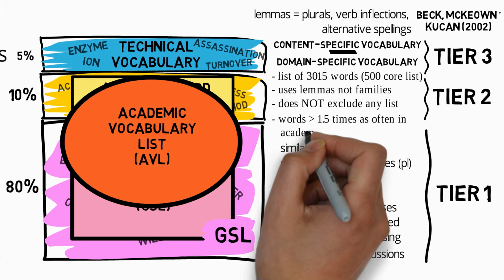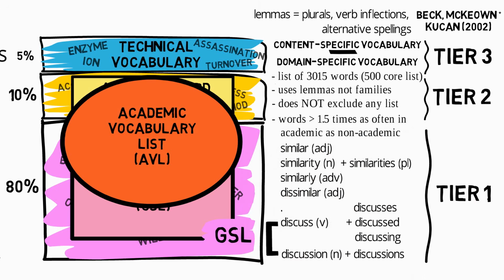Additionally, words are included if they occur at least 1.5 times as often in academic as non-academic texts. The word discuss is actually 1.53 times more common in academic texts as non-academic texts, whereas discussion is 1.94 times as common. In other words, it occurs almost twice as often in academic texts as non-academic texts.